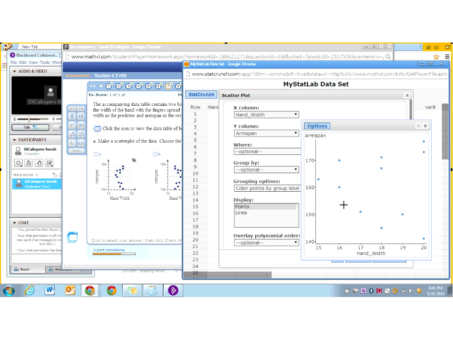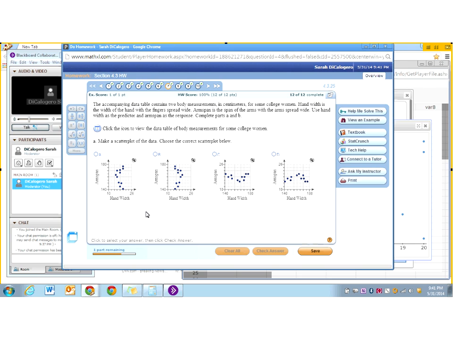Well, it sort of follows a point process, right? We've got 15 and it looks like a little bit higher than 160. Overall it seems to go in and then back out. So let's see what we can get rid of.